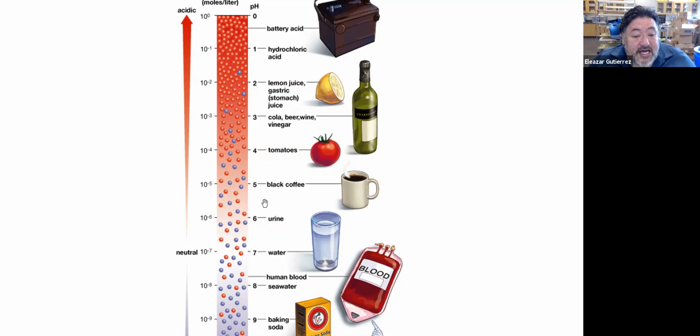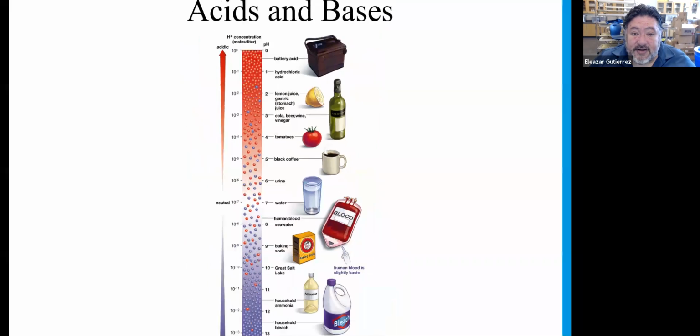The pH scale is logarithmic. So a change of 1 on the pH is a change of 10 in the concentration. So if I was to go from urine to wine, that would be a difference of 10 times 10 times 10, which is 1,000 times. That is a little bit scary.